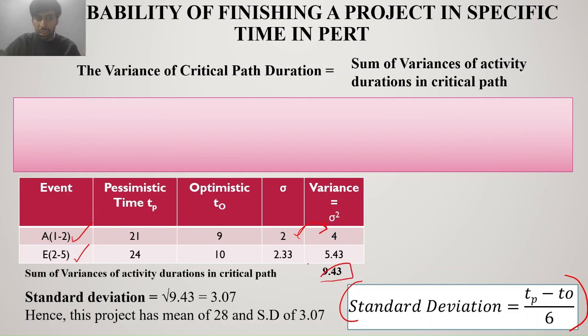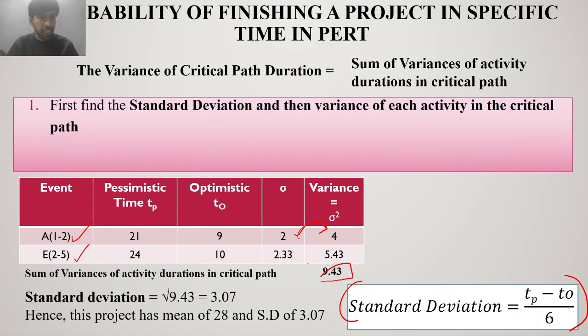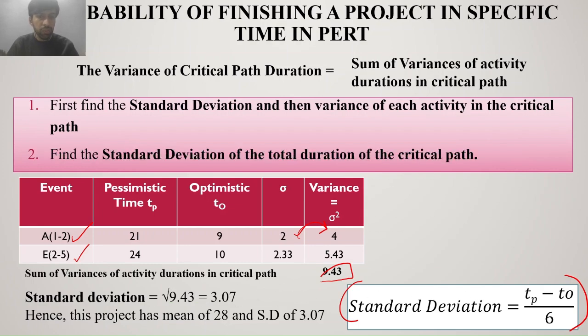The first step is we find the standard deviation and the variance of each activity. Then we find the standard deviation of the critical path by finding the square root of the sum of variances of the activities in the critical path. This gives us the standard deviation of this project.